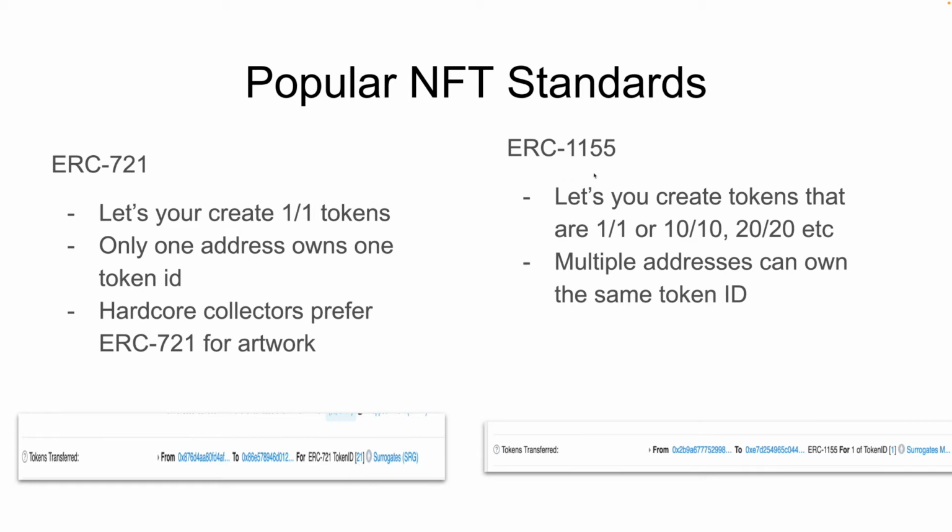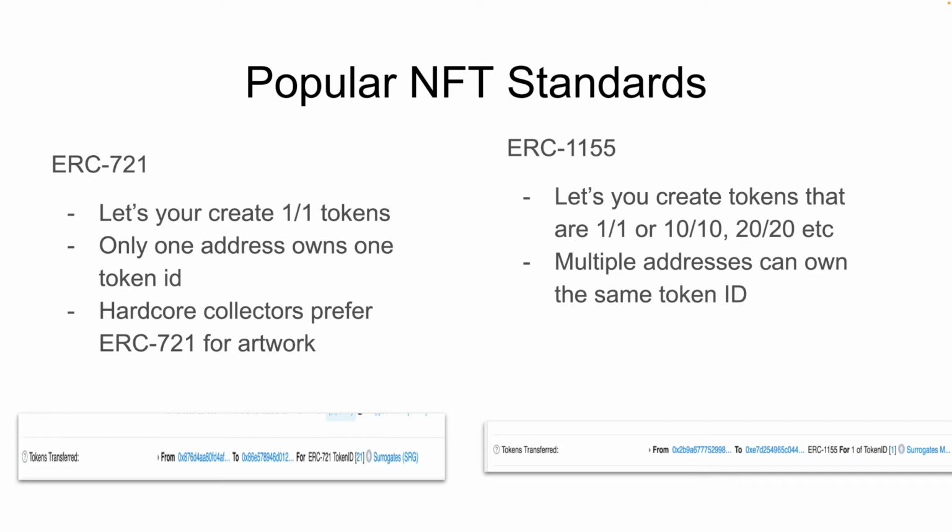With ERC 1155, there can be multiple editions of the single token, right? So you basically send one of that token ID, right? So that's a quick way of saying how ERC 721 and 1155 are different.